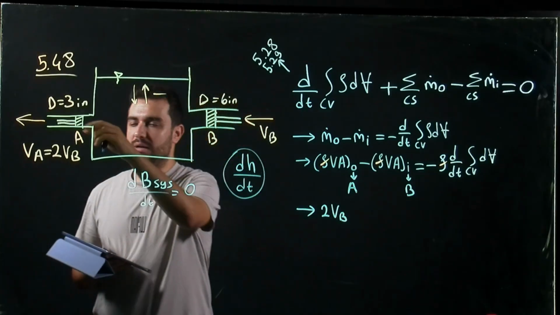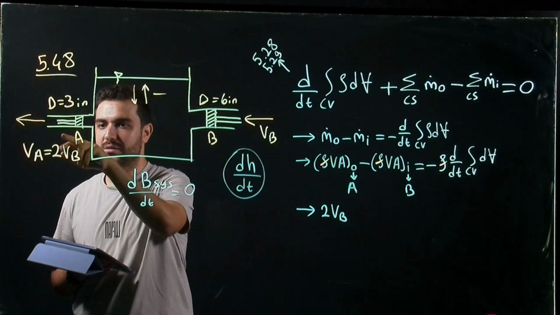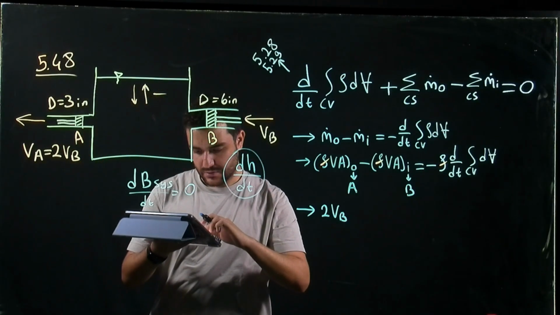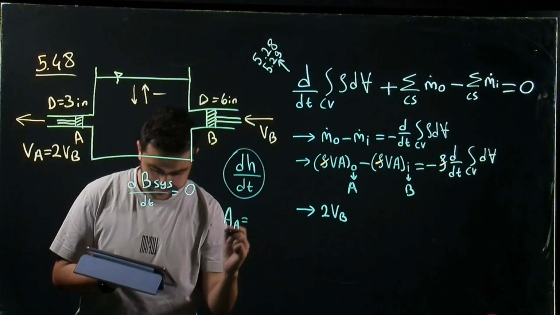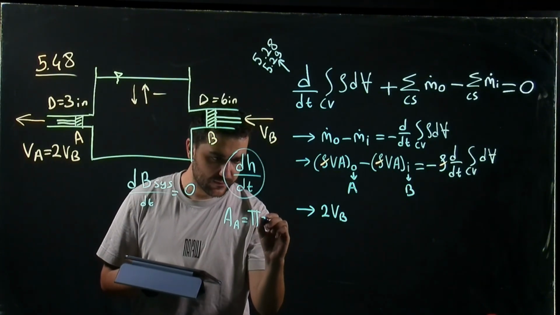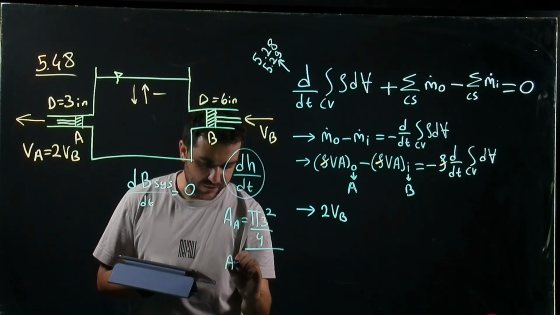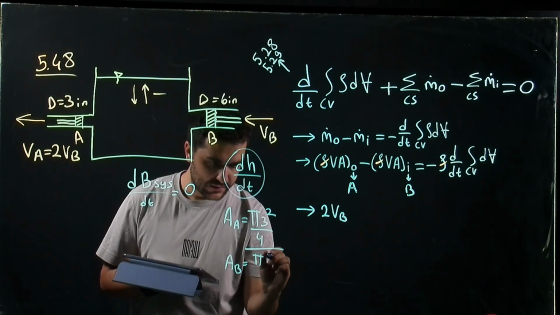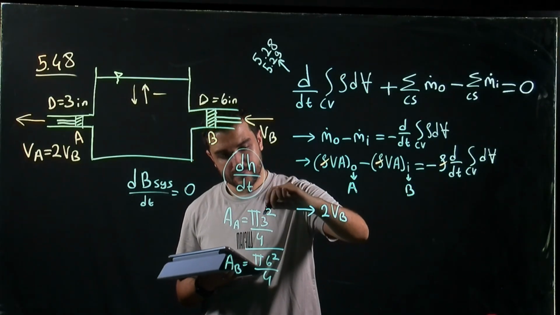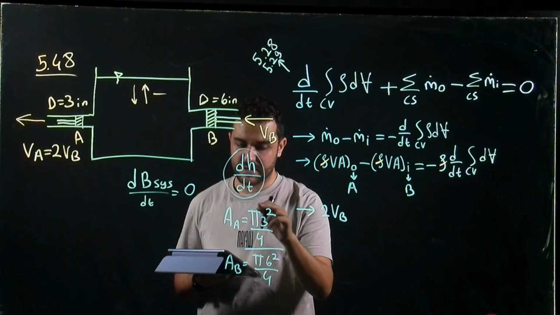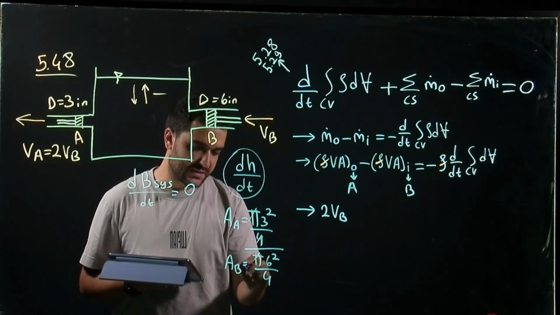And also, the diameter of B is double that of A. So we can also write something like the area of A is an area of B. Here actually this is diameter 3 and this is the diameter for B. So since again we have common terms, we can just ignore them.